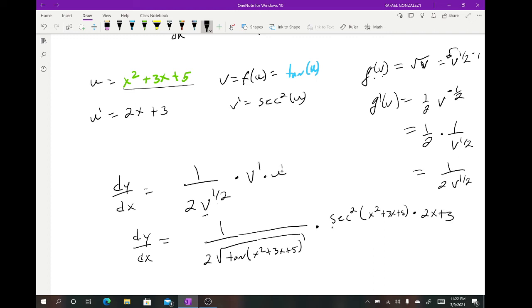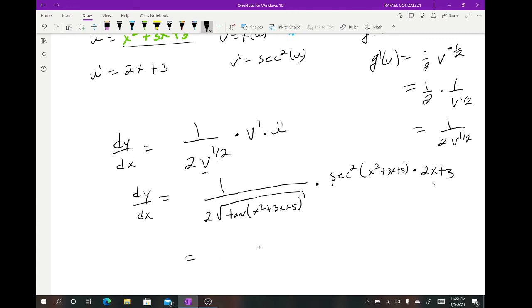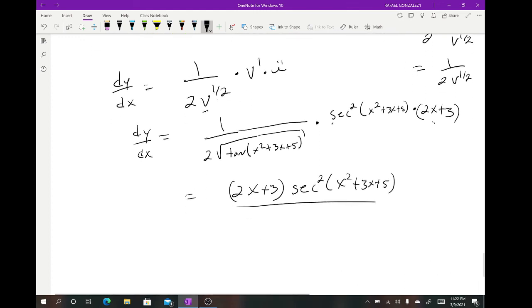Something that I'm forgetting to write up here. So you still have to multiply by this as well. So the solution to this problem, which I'm not going to simplify because, as you can see, it's already a mess, is simply going to be equal to 2x plus 3 times secant squared of x squared plus 3x plus 5, divided by 2 times the square root of tangent of x squared plus 3x plus 5.